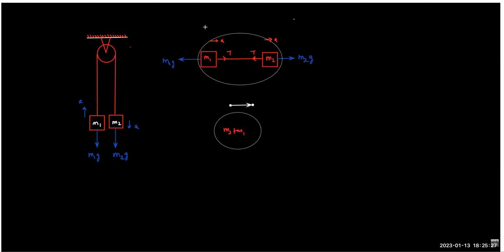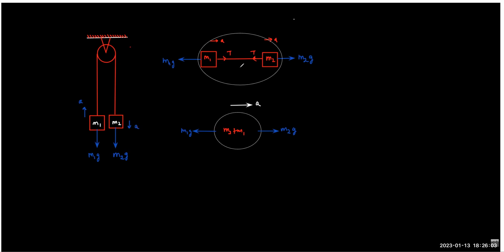So what M2 and M1 are experiencing as a force now becomes the pull force, right? M2G is pulling right, M1G is pulling left. And the tension acting in the string, because of the system assumption, we can ignore, isn't it?